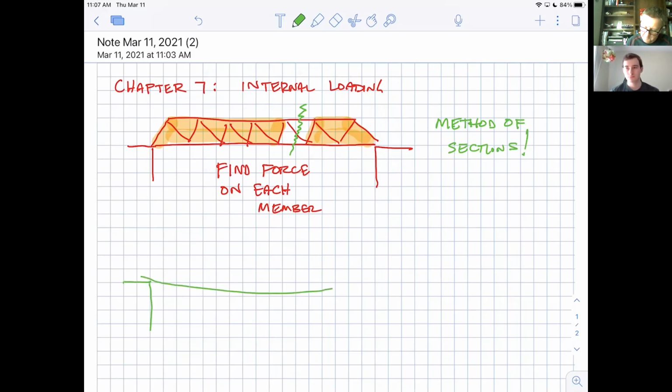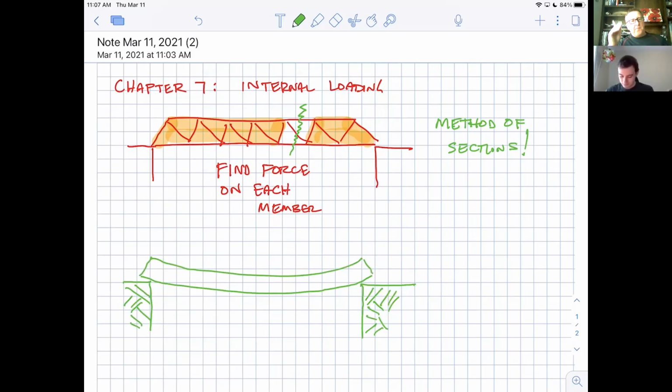If I put a beam over the top of some kind of a road bed or something like that, we've talked about how with or without forces on that beam, it's going to deflect or bend down.